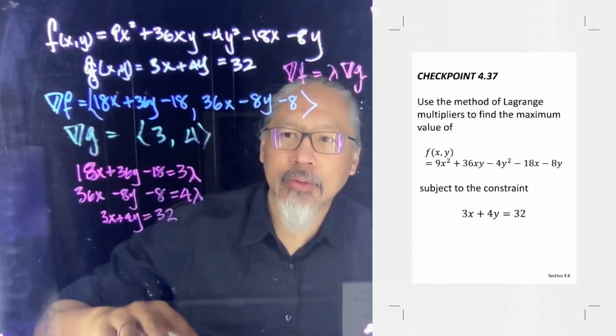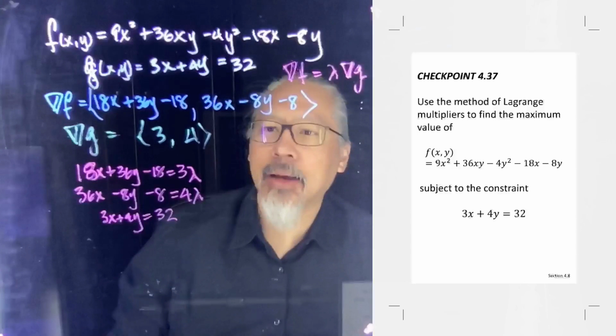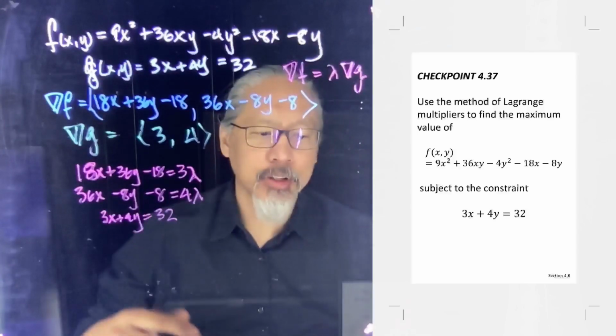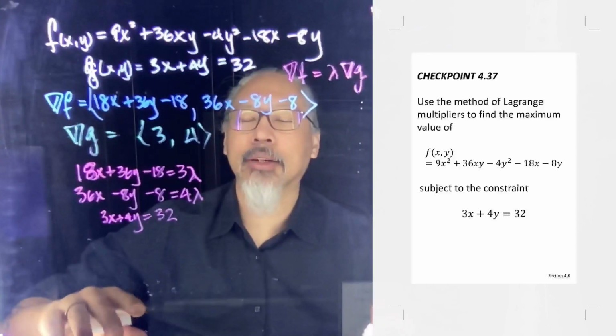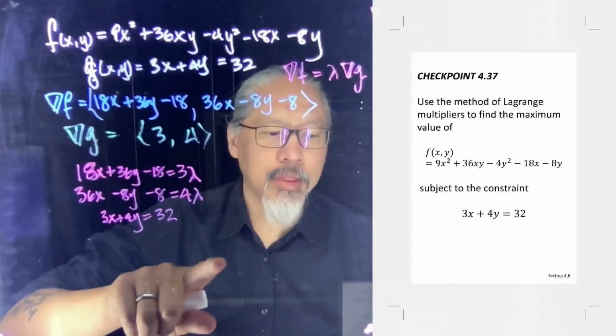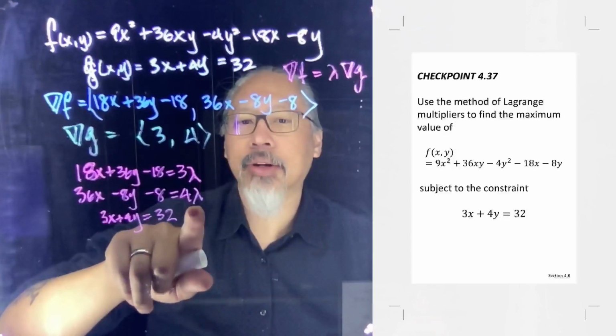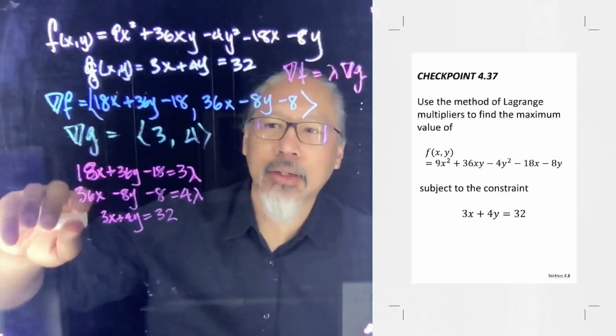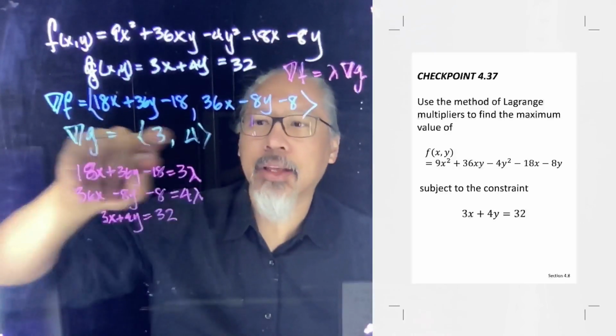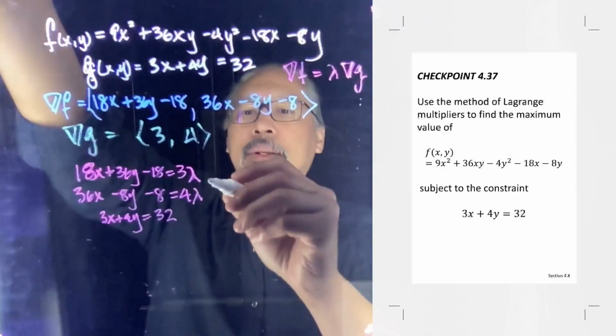We don't really care much about the lambda. If we find a value for it, then that's great. If not, then it's not a big deal. So I think I'm going to multiply the first one by -4 and the second one by 3, and that would give us lambdas that would cancel each other out when we add them.